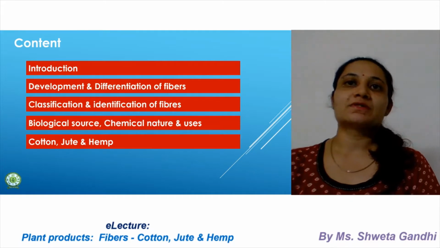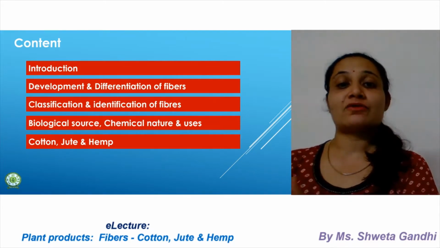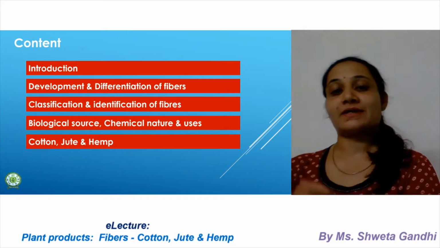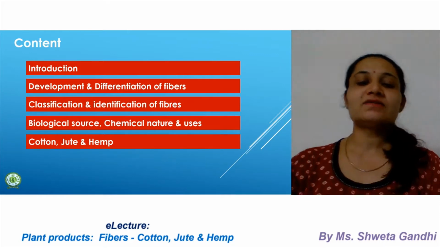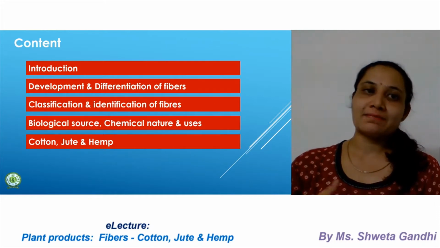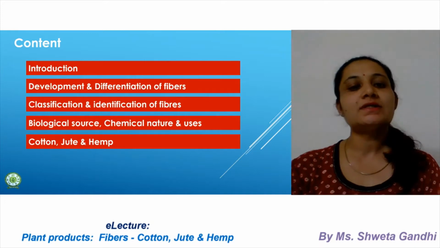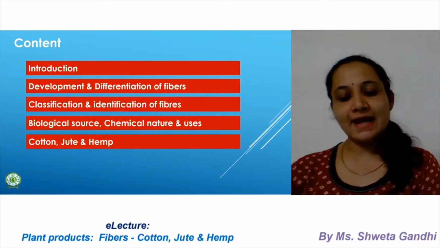Identification of fibers: how will we identify the fibers? With the help of different tests, physical, chemical and microscopical. Under this we will study all this. Then the biological source, chemical nature and uses of all these three, that is cotton, jute and hemp.